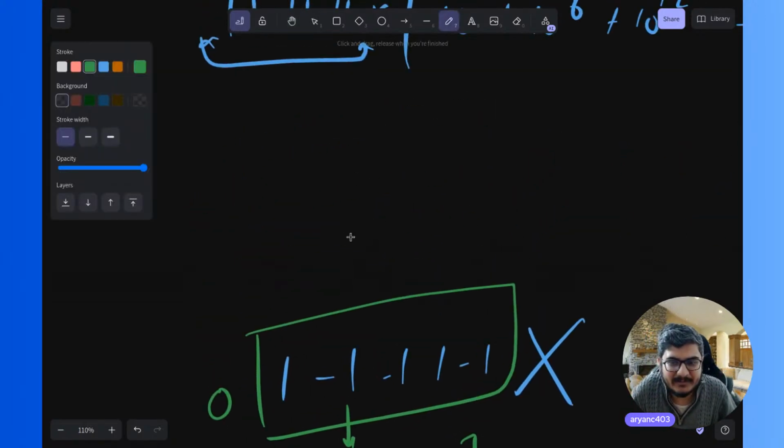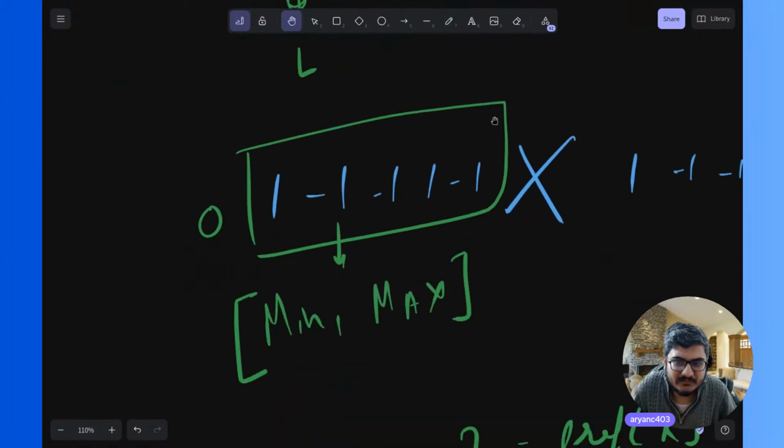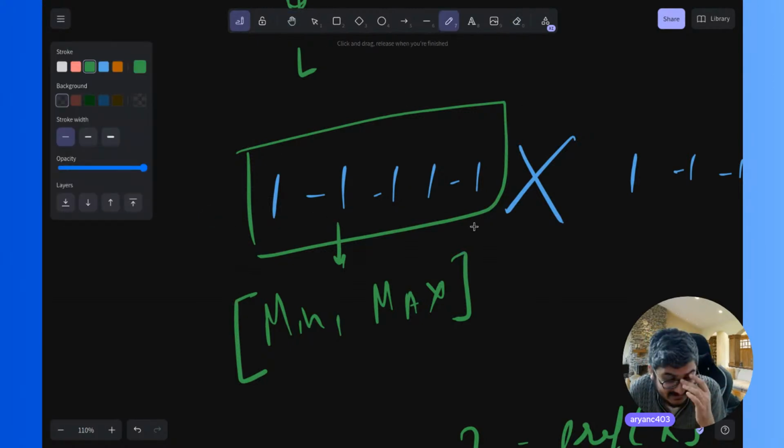So if you pick any element as the starting element L, then if you try to plot the sum of values from here, it will always increase by 1 or decrease by 1. So if you know the minimum and maximum sum, then all the values between minimum and maximum would be achievable by just taking this array. Any questions, anyone, on this part first before I move on to the second part?